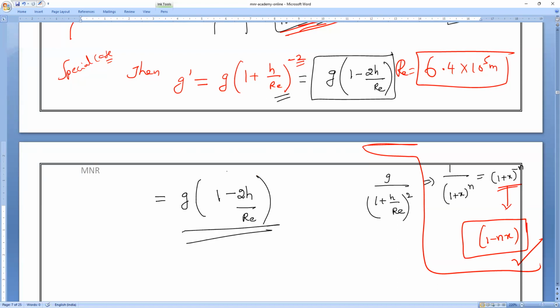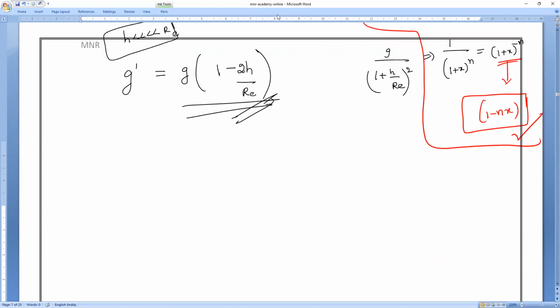This is the most important one which you need to solve. Anybody having any doubt, you can ask me. H is extremely smaller, this is the formula. Remember, this is a special case where H is very, very much less than the radius of the earth. Clear? Everyone, please respond.